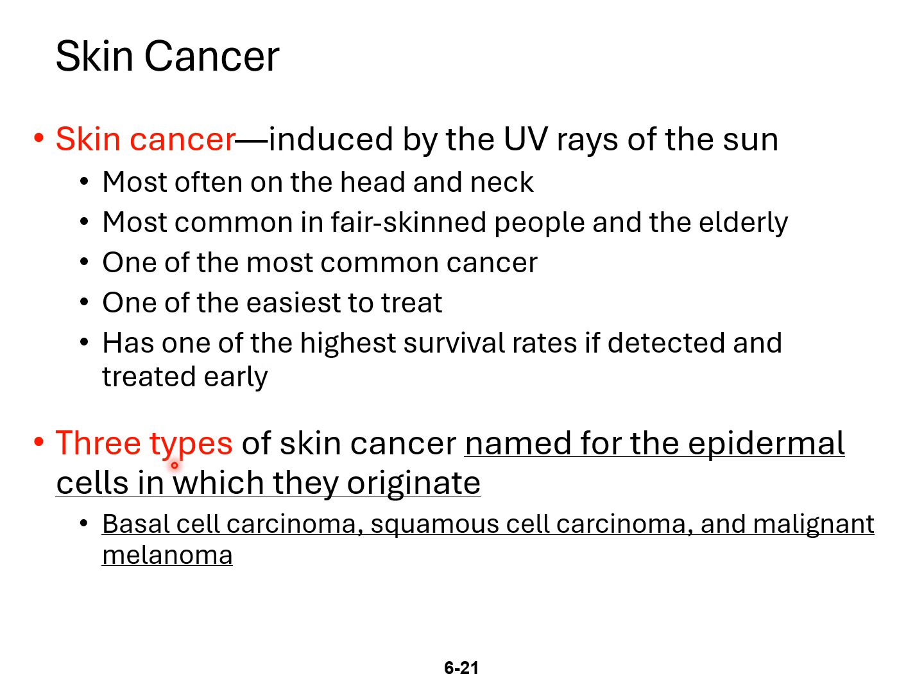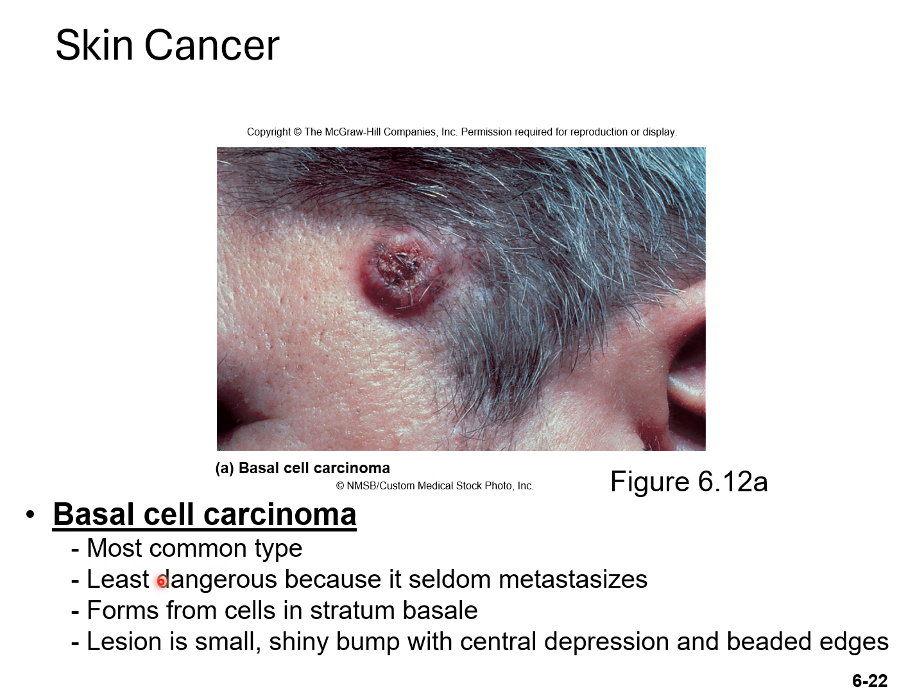And it's named from the 3 different types of where the cells originate. So basal cell carcinoma, squamous cell carcinoma, and malignant melanoma. So basal cell: least dangerous, seldom metastasizes, forms in the cells in the stratum basale.